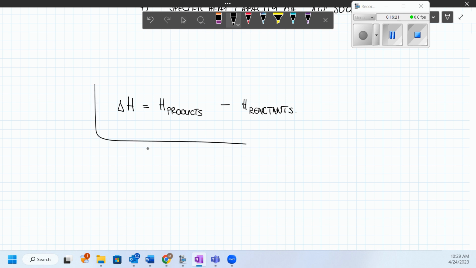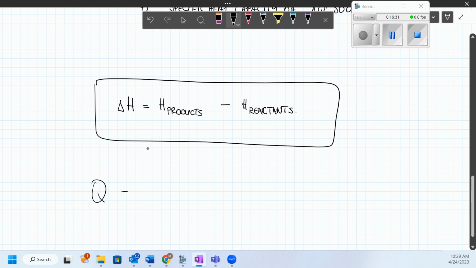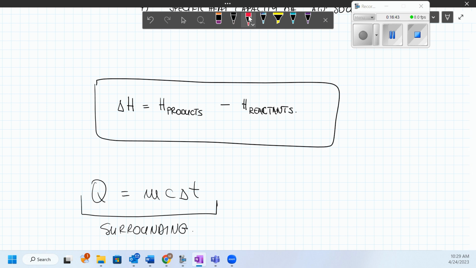So we have two parts here. We have the heat that we can measure of the surrounding, that we can measure using mc delta T. This is the surrounding. And then on the other hand, we have the system.